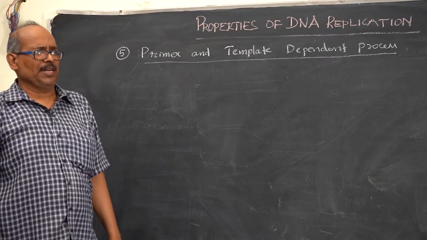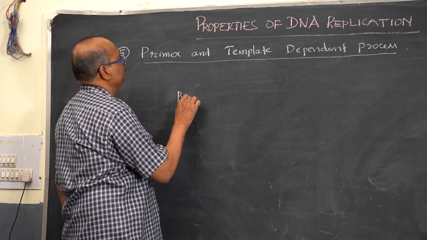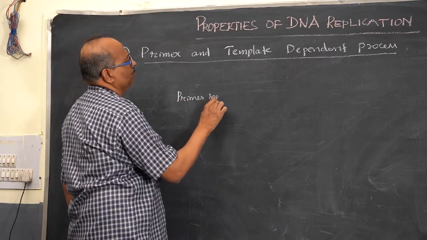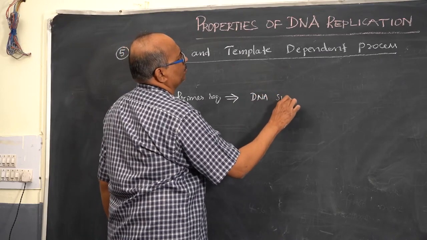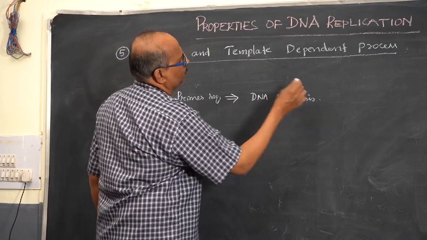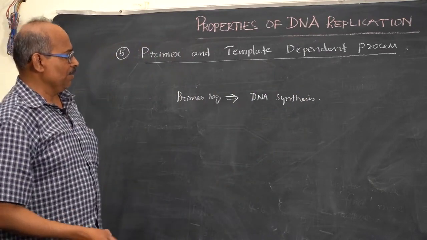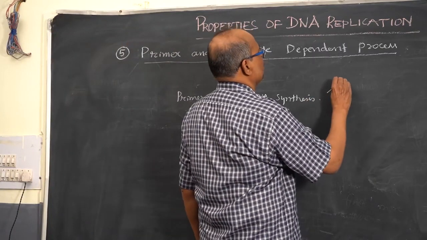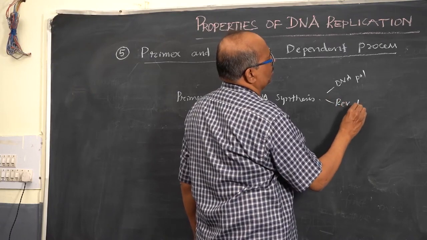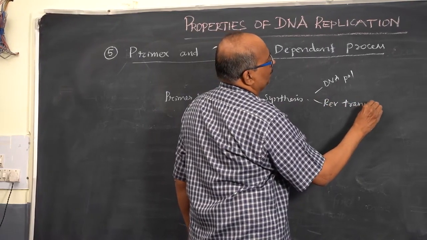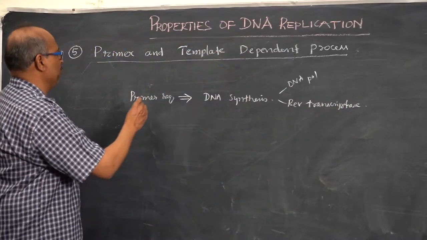And you can always remember as a rule, primer requirement is a must for DNA synthesis. So it doesn't matter how you synthesize the DNA. You may synthesize by using DNA polymerase. You may synthesize by using reverse transcriptase. But the characteristic feature is you need a primer.